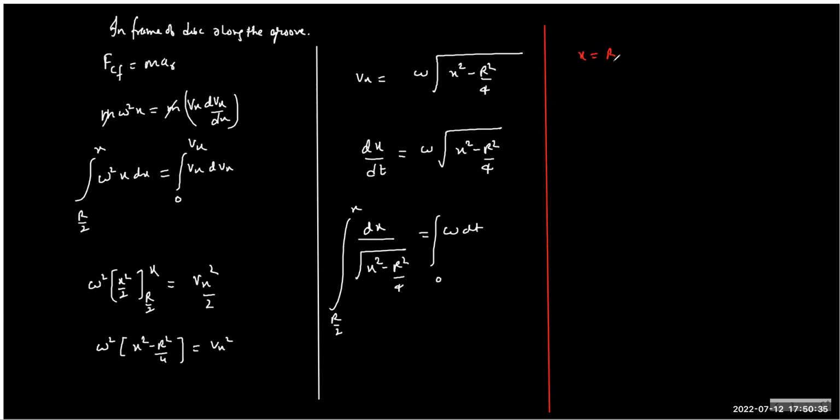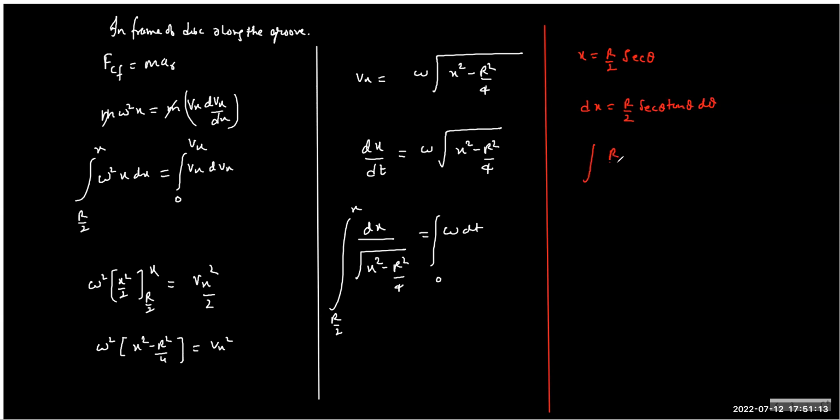Put x equals r by 2 sec theta. This is the difference, so I need to write something else. So now you have to derive it actually. dx equals r by 2 sec theta tan theta d theta, right?